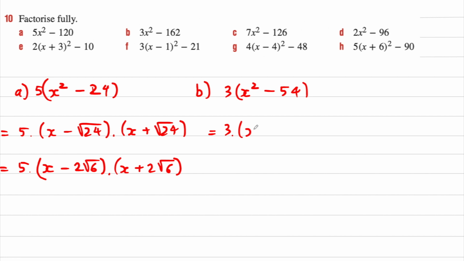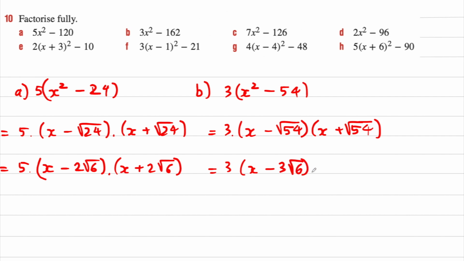The first step, take the square root of 54 and h plus square root of 54. 9 times 6, so I will convert this to the simple surd. Square root of 9 times 6 means 3 square root 6, and the new one is 3 square root 6 like here.